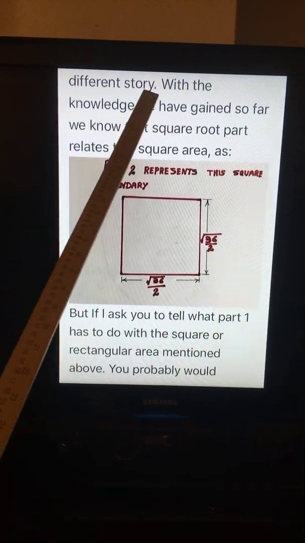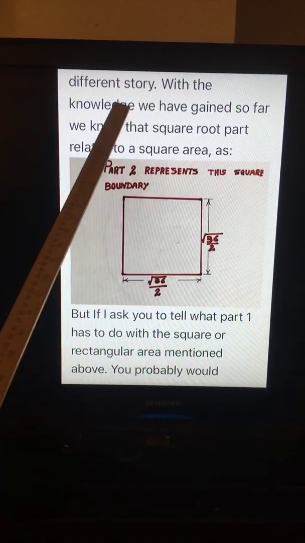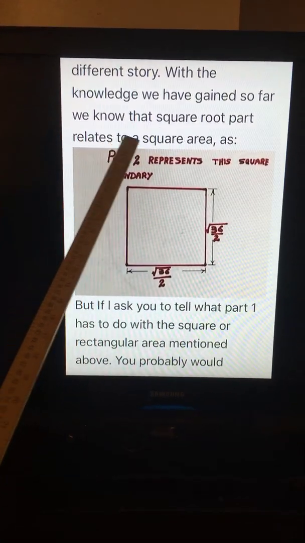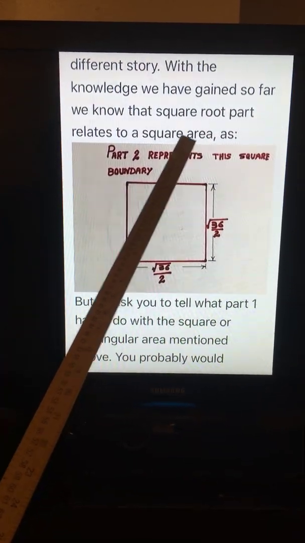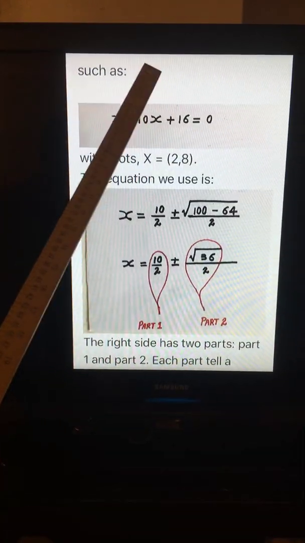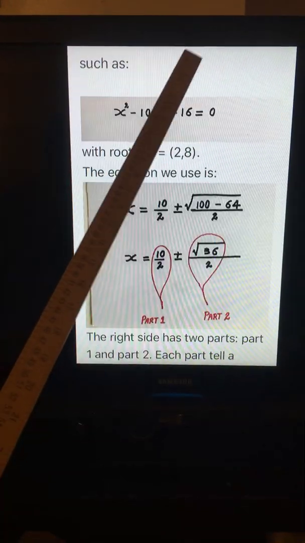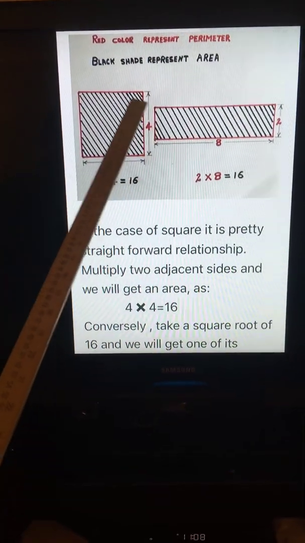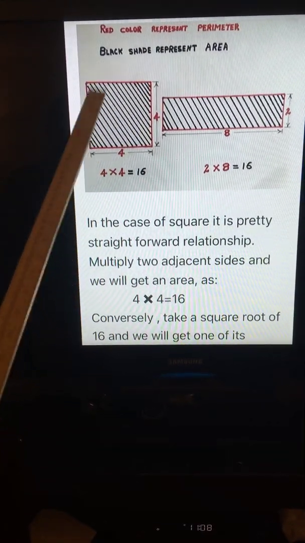tells a different story. With the knowledge we have gained so far, we know that the square root relates to a square area. So, the square root is always related to the square area.